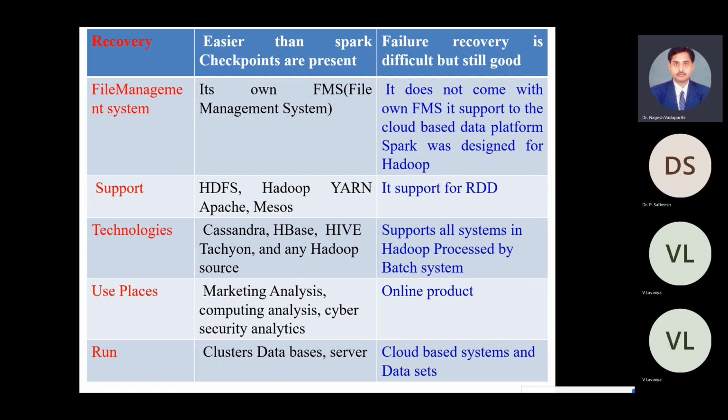Next parameter is technologies. In Hadoop, we are using Cassandra. Cassandra is a data warehousing tool to process and store a huge volume of data with the help of data cubes. If you take traditional database tools like SQL, MySQL, Teradata, DB2, those relational database tools use tables.